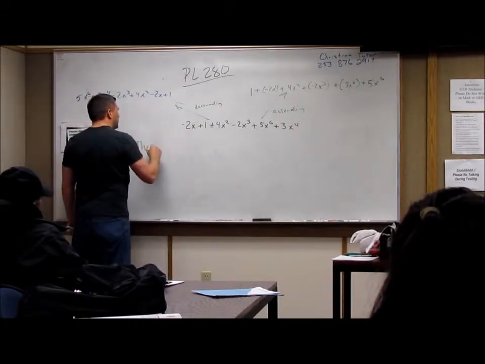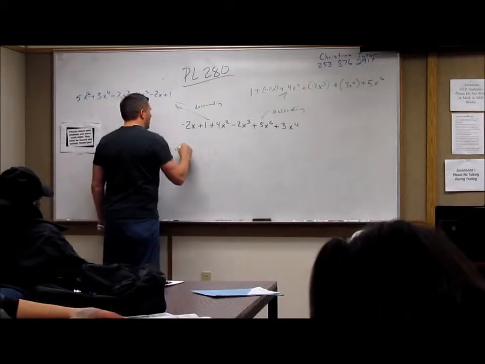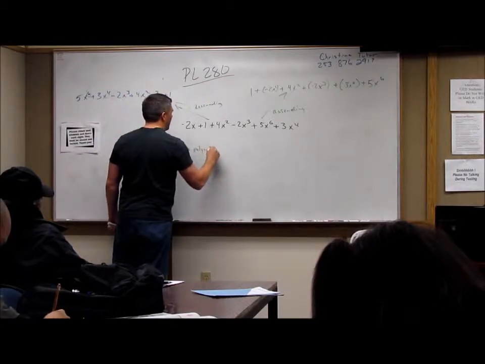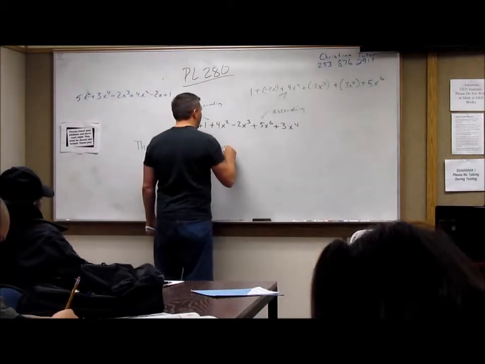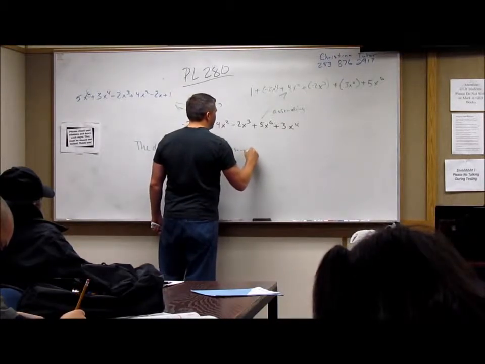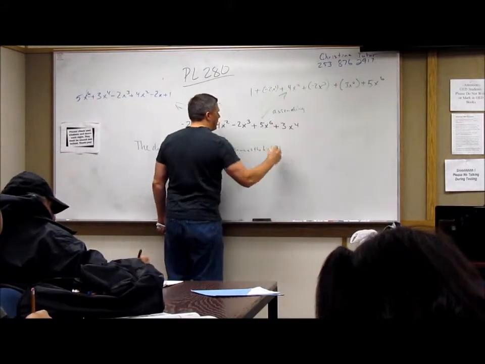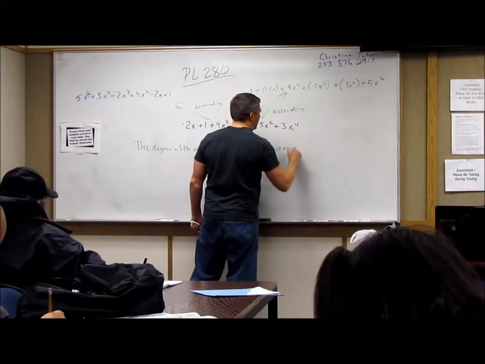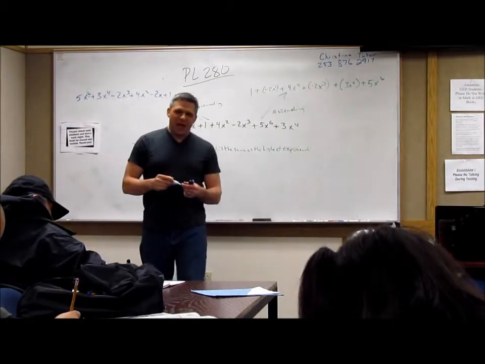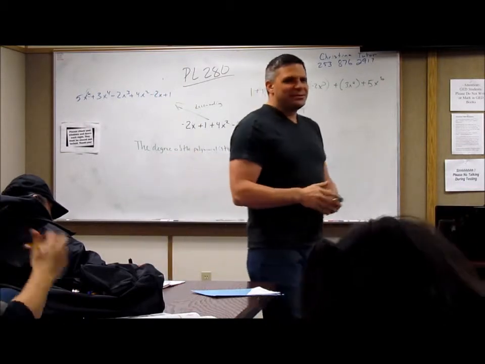The degree of the polynomial is the same as the highest exponent. Now, when we get further, you have to add the exponents, but we're not going to do that yet.